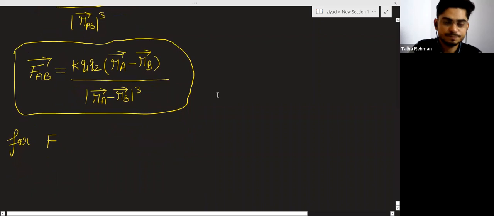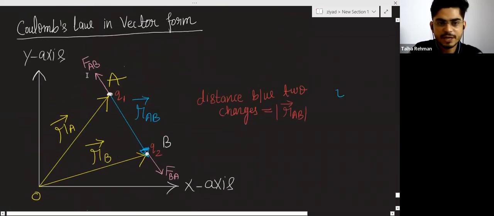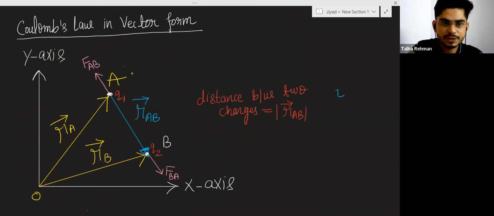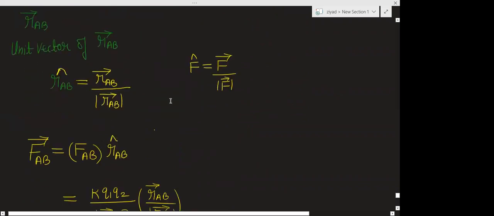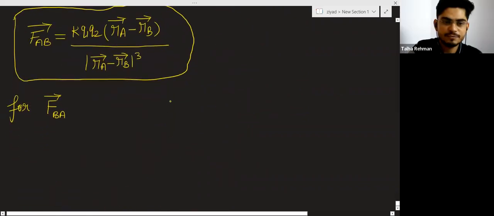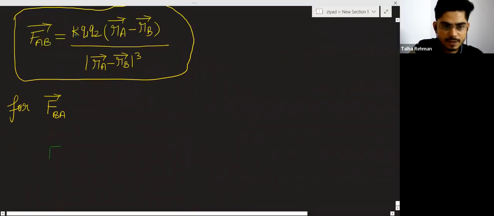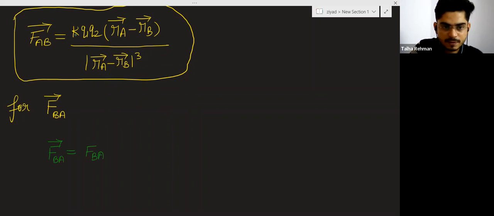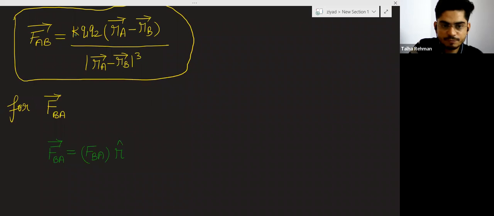So for F_BA vector, we have calculated F_AB vector. Now we will calculate F_BA vector. For F_BA vector, as I have told you, first write the vector and magnitude of F_BA and the unit vector of BA.